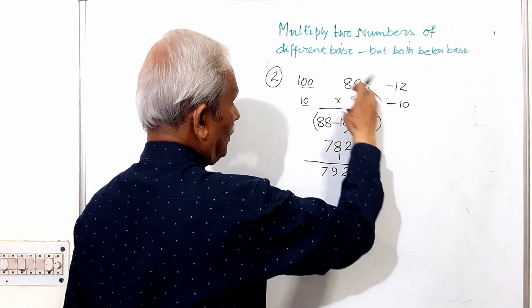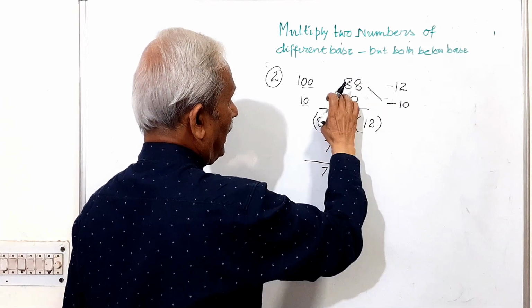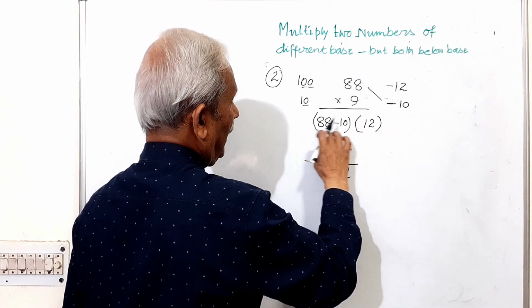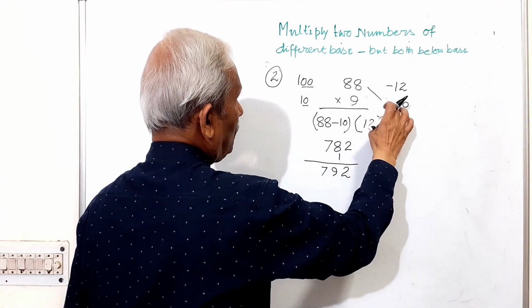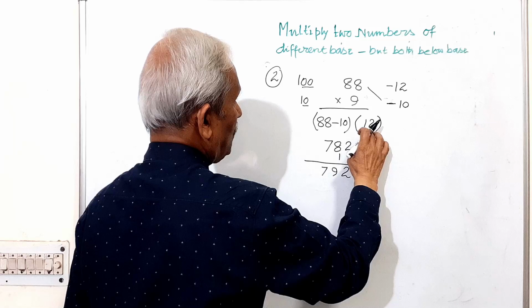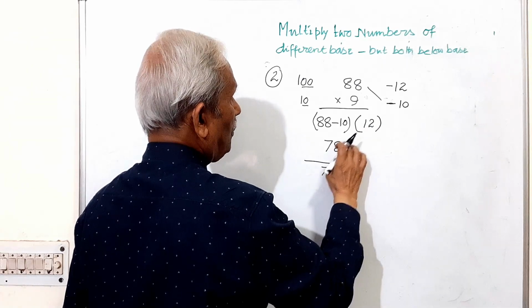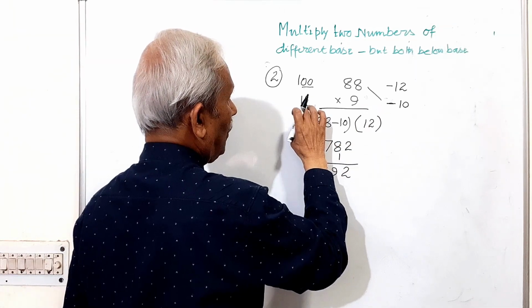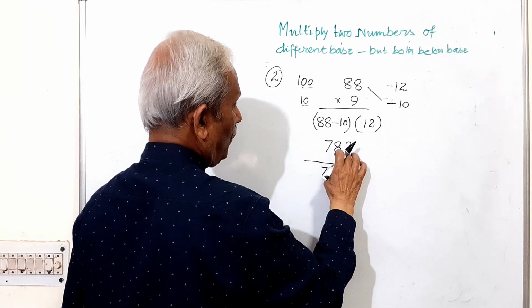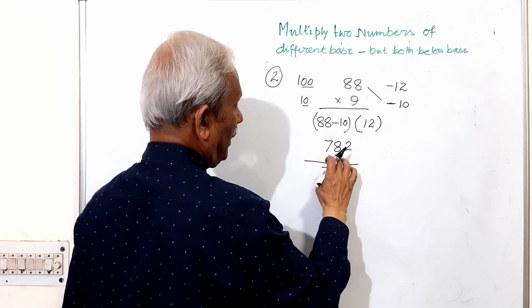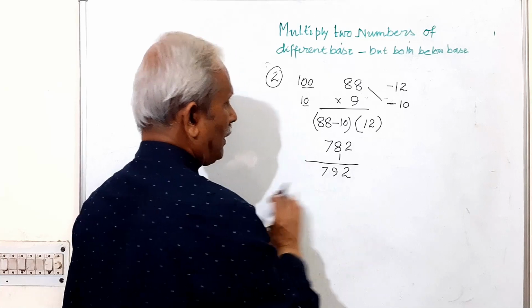Then cross subtraction is 88 minus 10, and then minus 12 into minus 1 is 12, but we cannot write 12 here because its lower base has got only 1 zero, so we'll write down 2 here and 1 here. We'll put one digit here and one digit here. And add it, it becomes 792.